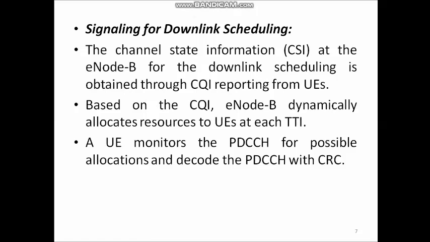Based on the CQI, the eNodeB dynamically allocates resources to user equipments at each transmission time interval. Then a user equipment monitors the physical downlink control channel for possible allocations and decodes the physical downlink control channel with cyclic redundancy check bits. That is, the user equipment is configured by the higher layers to decode the physical downlink control channel with cyclic redundancy check bits.